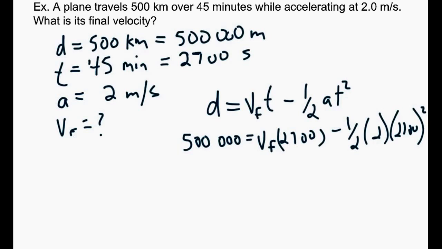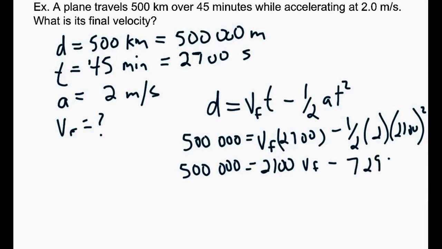Now let's simplify all the math. We have 500,000 on this side equals 2,700 VF minus 1/2 times 2 times 2,700 squared, which is 7,290,000.